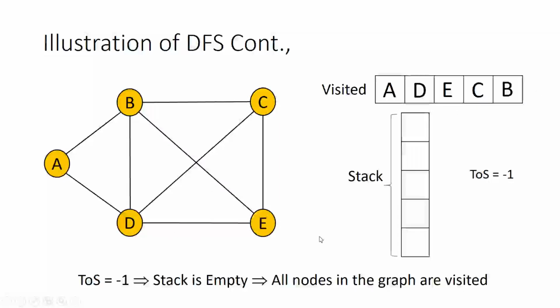As you have observed, in some cases we can push the elements into the stack in different orders. The DFS of this particular graph is not the only solution. We can have different DFS results for a particular graph. Okay. Thank you.